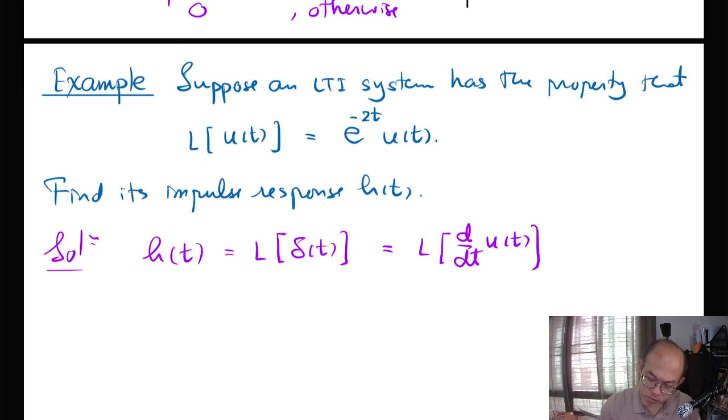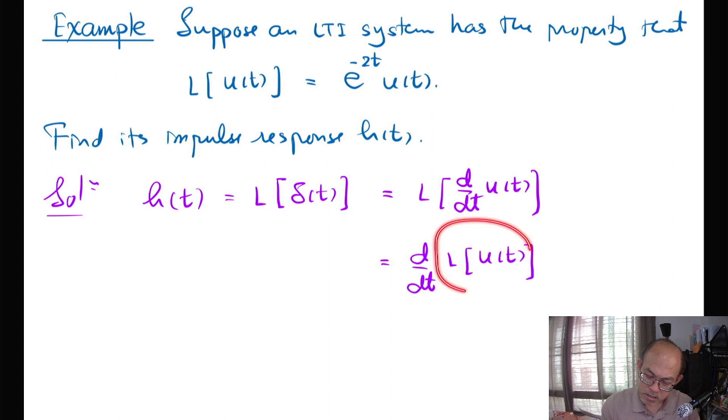We can interchange the system operator and the derivative operator, so we interchange them. But then the output for input u is given as e to the minus 2t u of t, right? So we have d by dt of e to the minus 2t u of t.